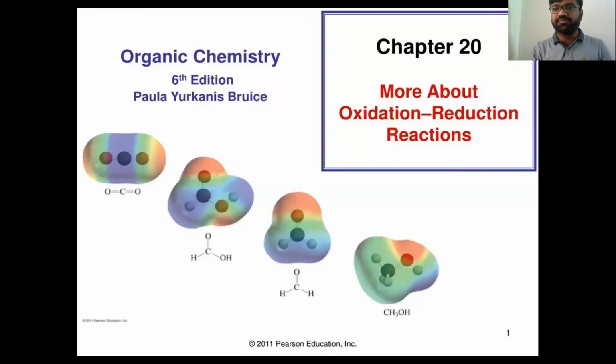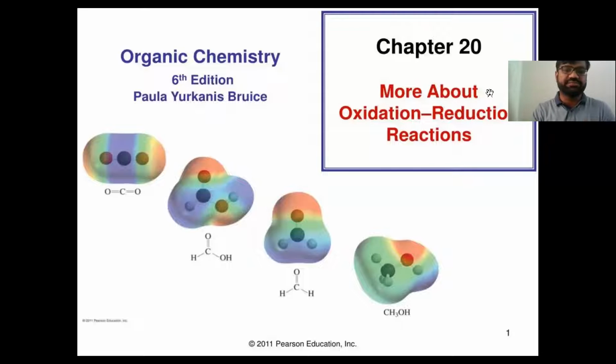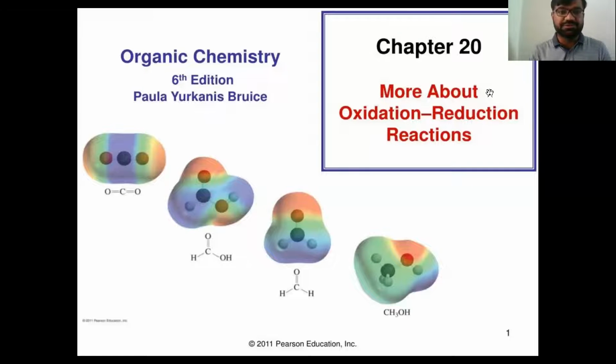Okay, good morning all. So this is a new lecture for us where we are going to learn about oxidation and reduction mechanisms or reactions. Basically, in organic chemistry, as I used to say, there are four types of reactions: substitution, addition, elimination, and rearrangement.